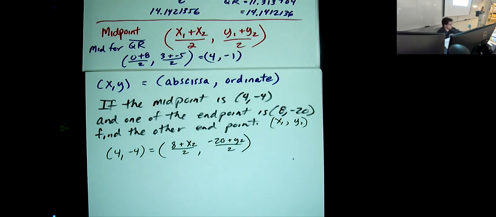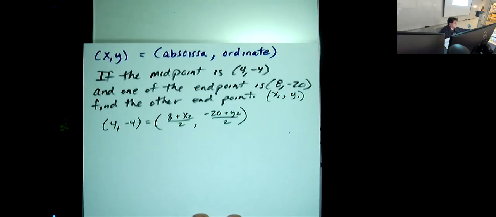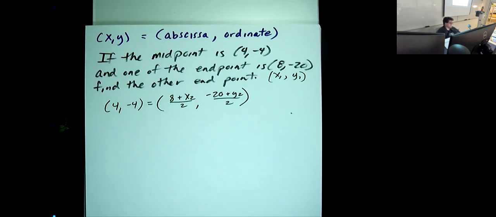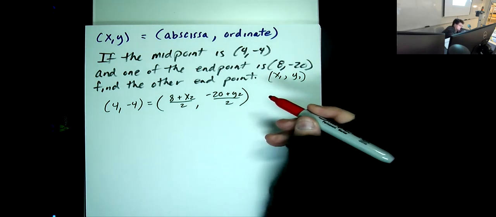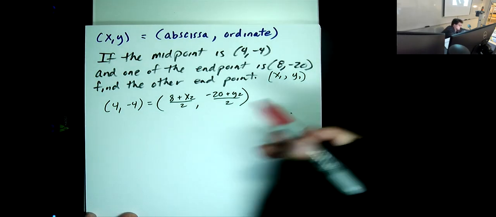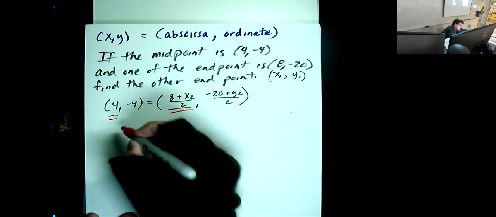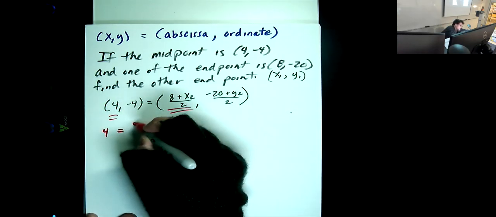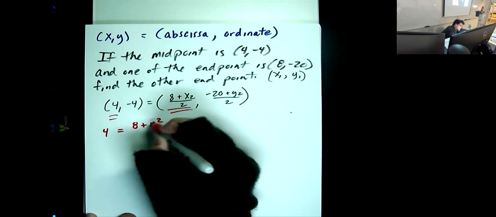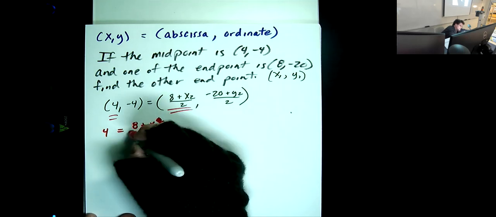What can I do with this information? Set 8 plus x2 over 2 equal to 4. I can set the x values equal to each other, right? Oh, not x squared, but x2.